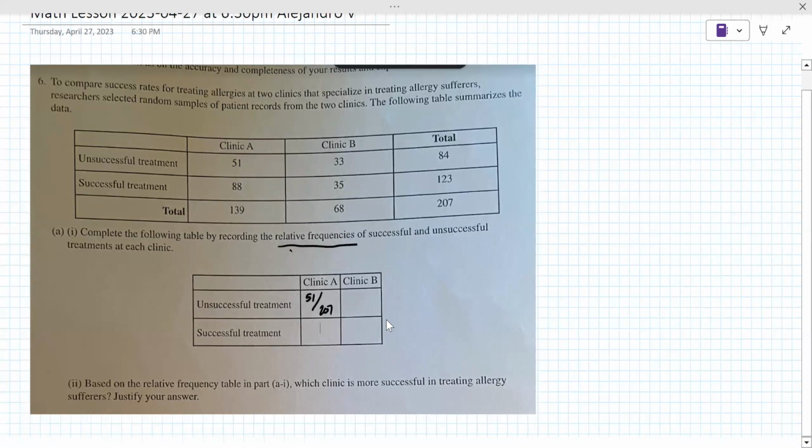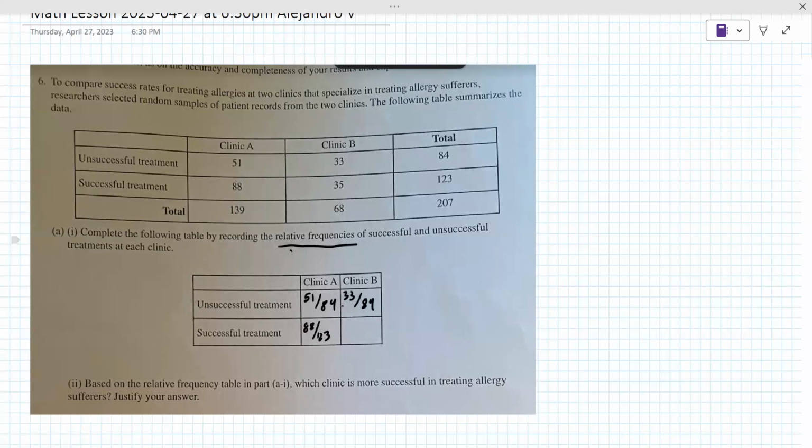It's 51 out of 84 are unsuccessful at Clinic A, but 33 out of 84 from Clinic B are unsuccessful. And then successful is 88 out of 123, 35 out of 123, because we're trying to decide which clinic we should go to.